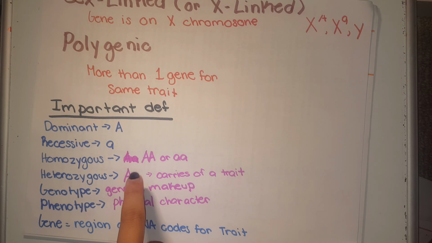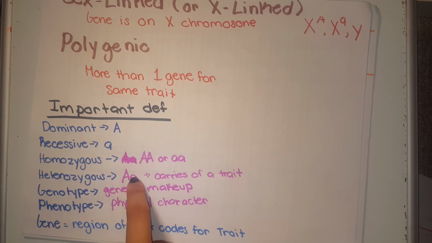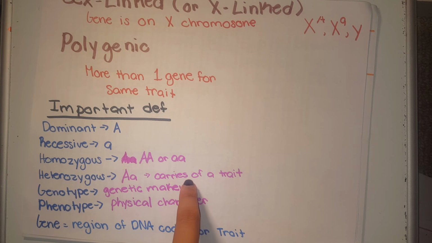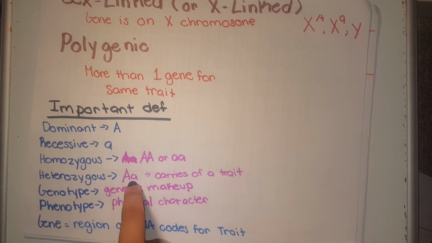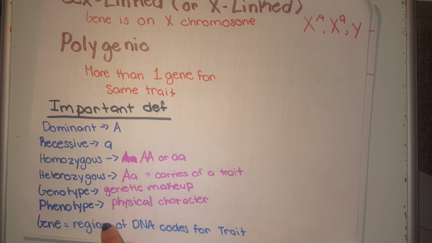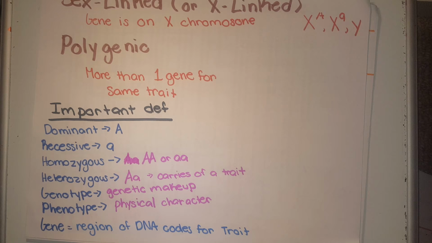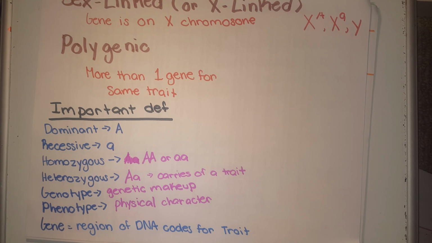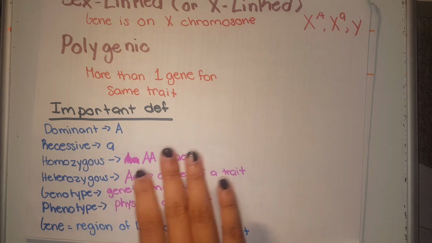Heterozygous is when we have one big A and one little a, and that usually means they are carriers of the trait because of the little a, if it is recessive. Genotype is the genetic makeup, and the phenotype is the physical character of the trait. A gene is the region of DNA that codes for the trait.